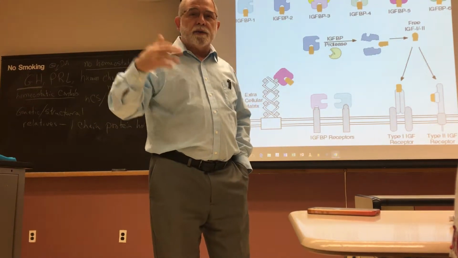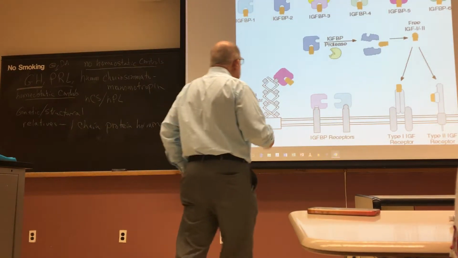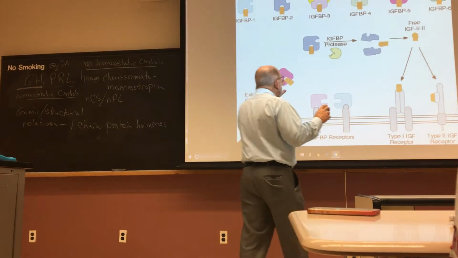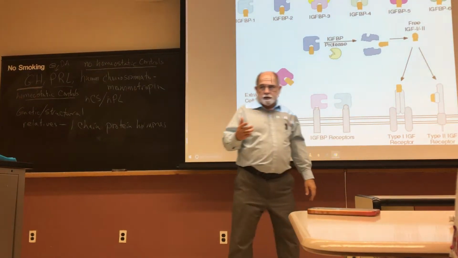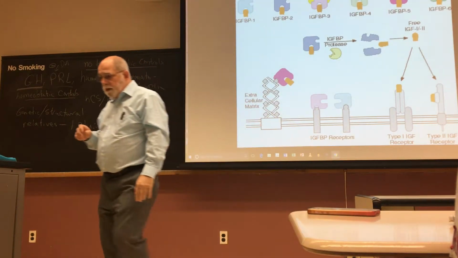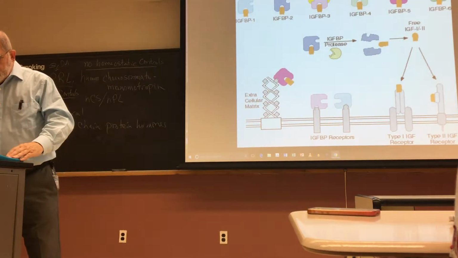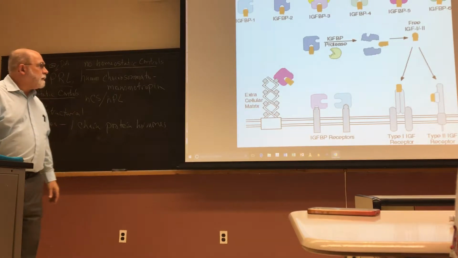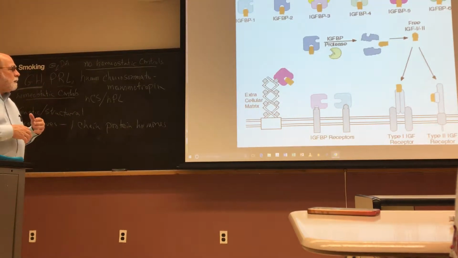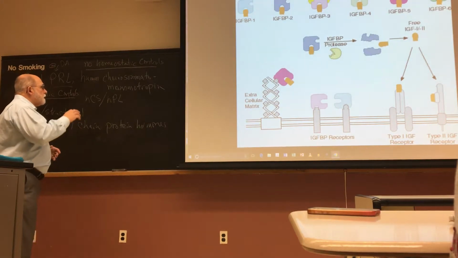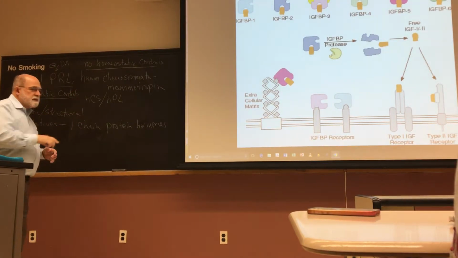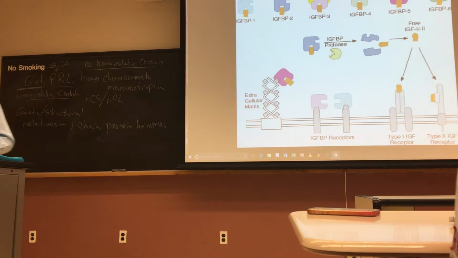So you've got another buffering system, not dealing with growth hormone, insulin-like growth factors, but with growth hormone itself. So even with these protein hormones, we have complicated systems that help modulate their actions at a given time in particular tissues.